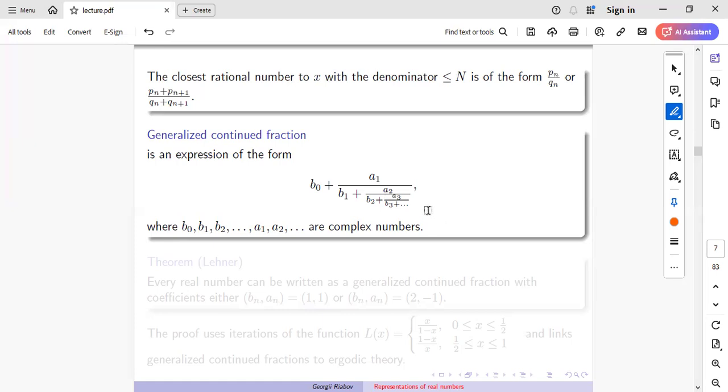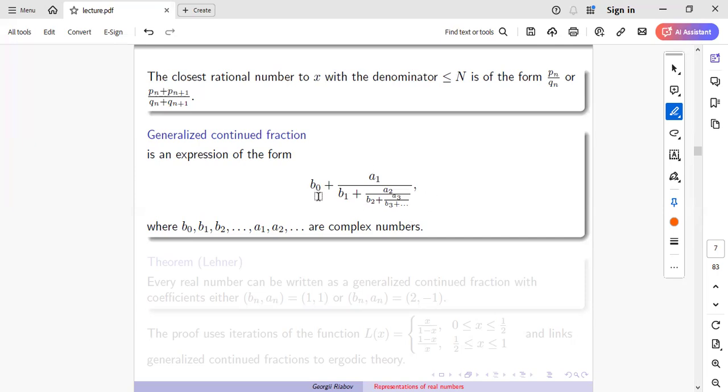You see that this is an expression similar to continued fractions, but here in the numerators we have some numbers a1, a2, a3, not 1. And in general, they can be complex numbers.